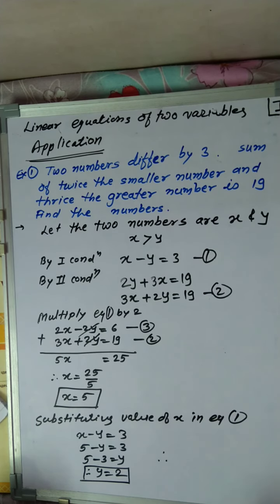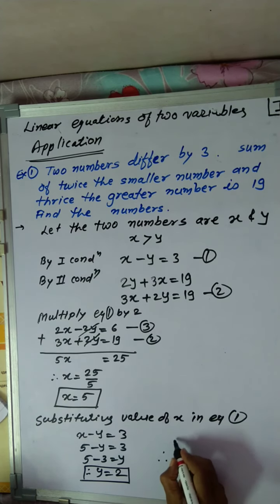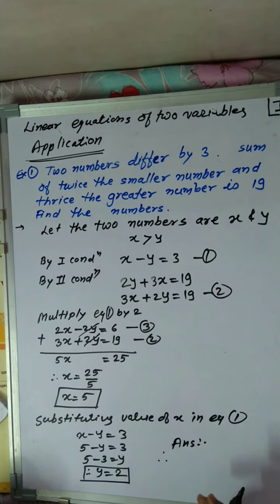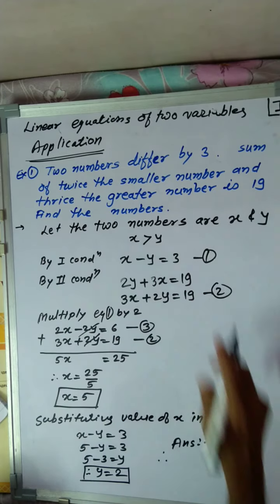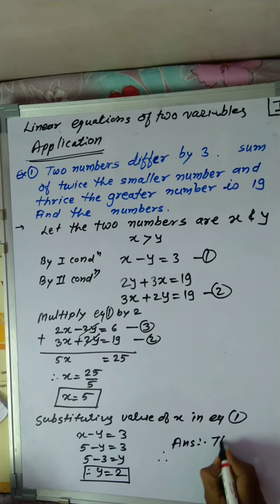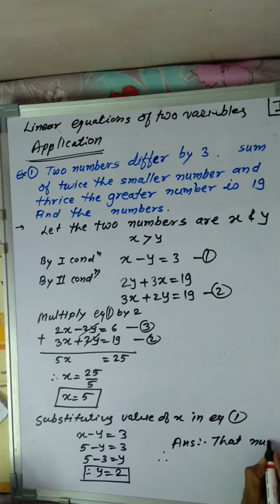Hence our answer is: they ask to find the numbers, so we have to write that the numbers are 5 and 2.